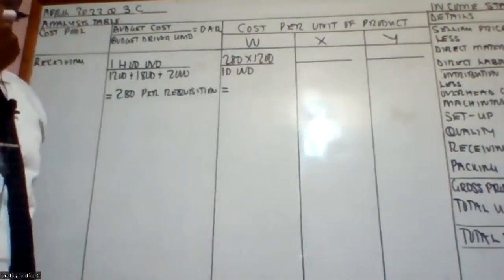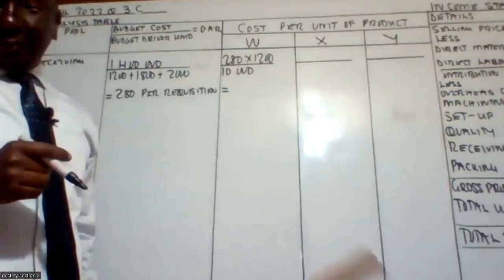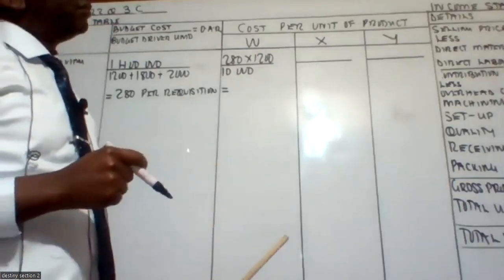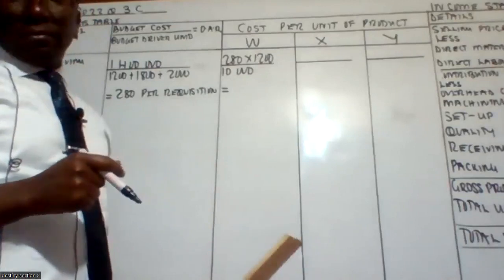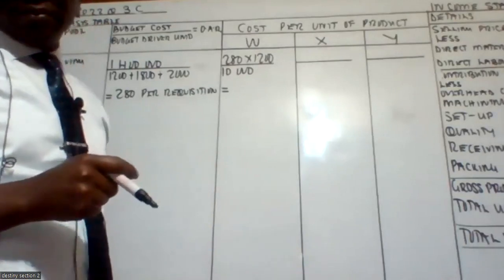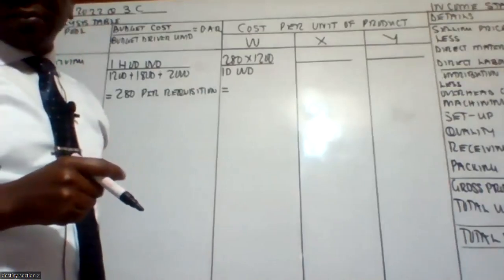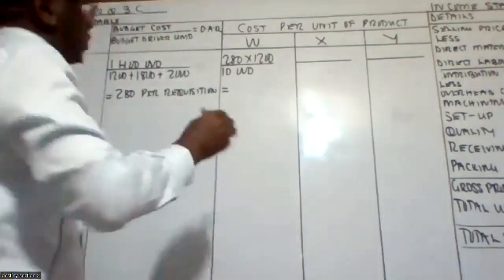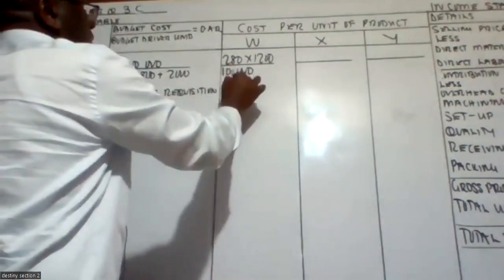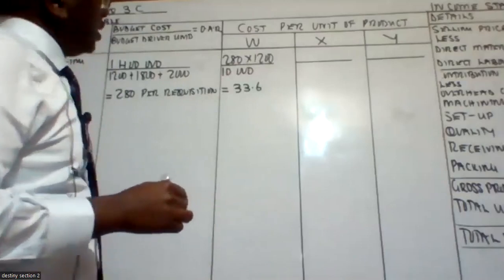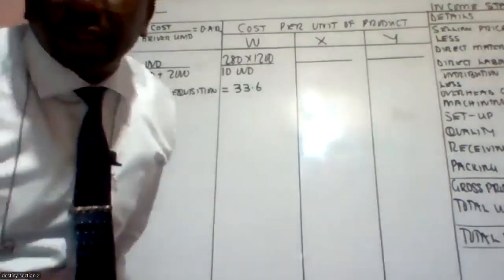So tell me what will be the answer there. That 3.6. That one should have a decimal. Okay, so that 3.6.